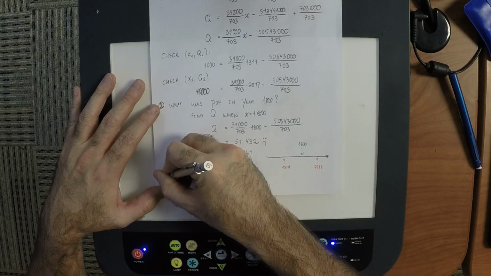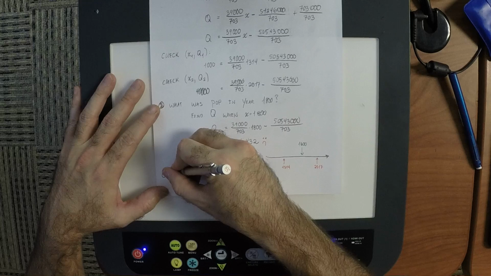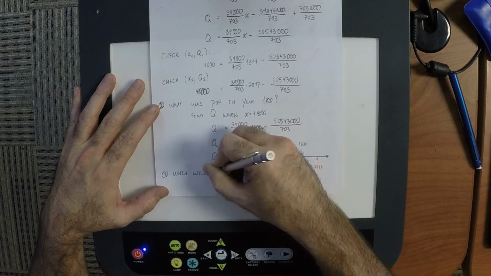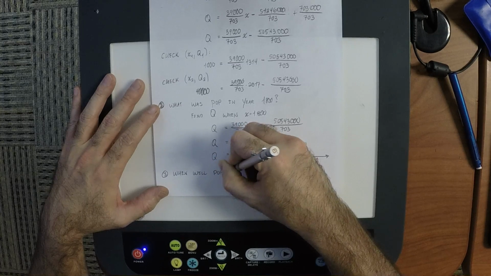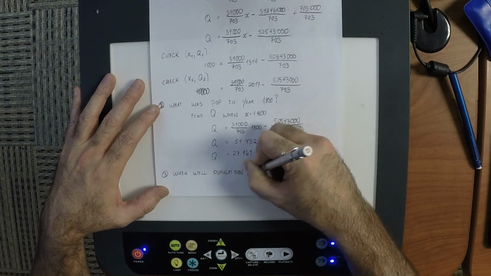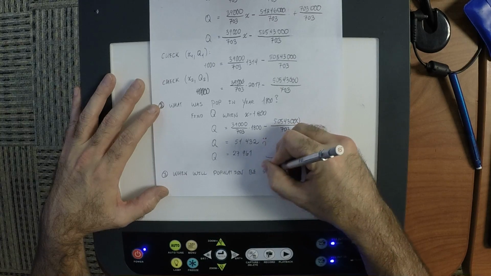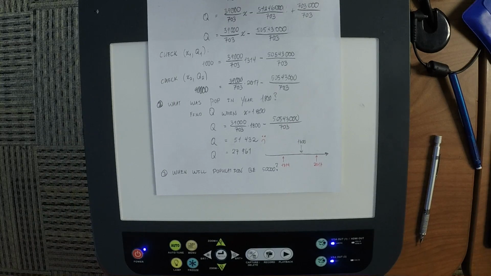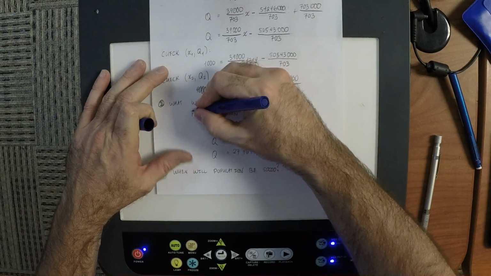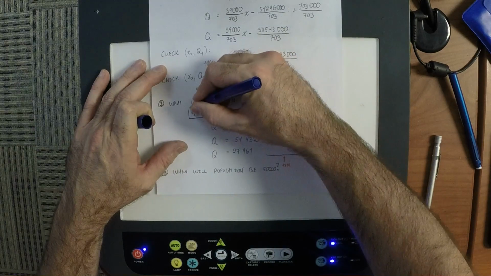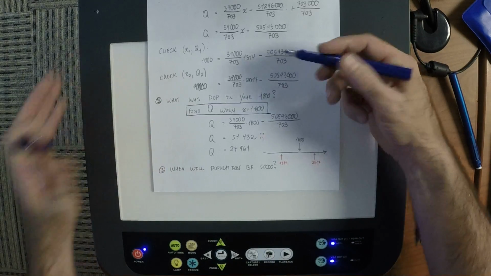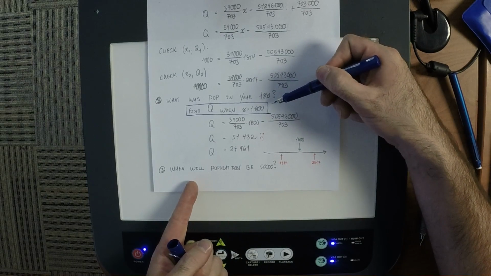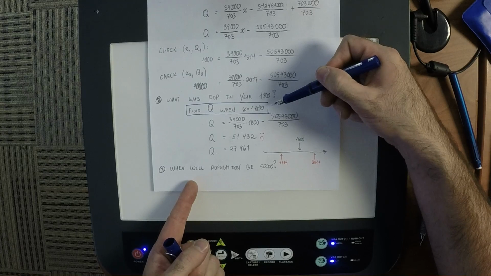How about question 3? When will the population be 50,000? Now, by analogy to this sentence that I'm boxing in blue, what is the analogous thing that I'm asking for here?